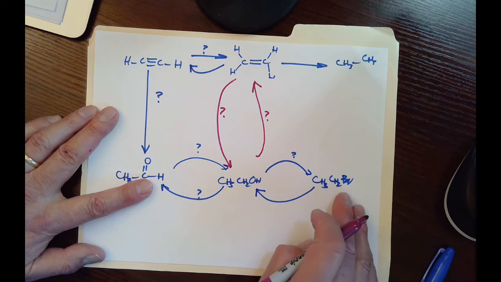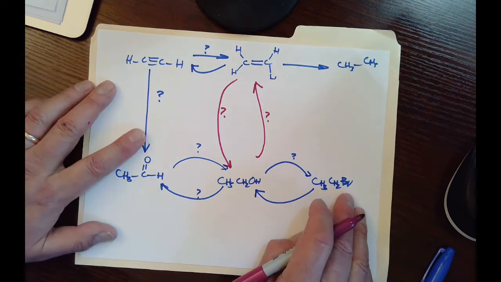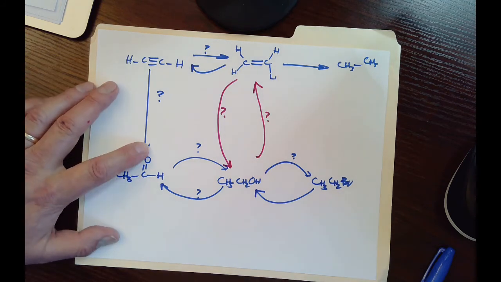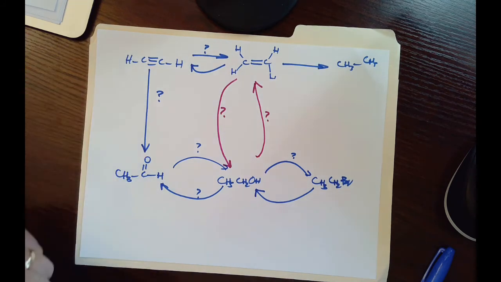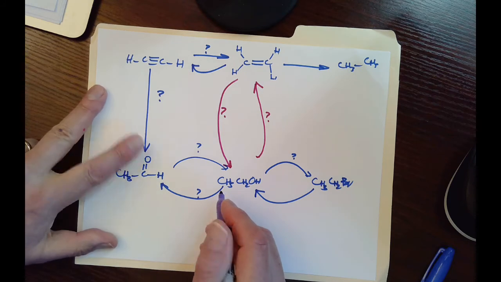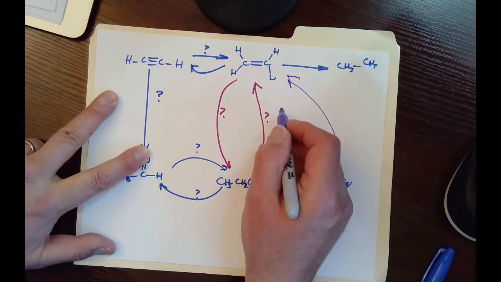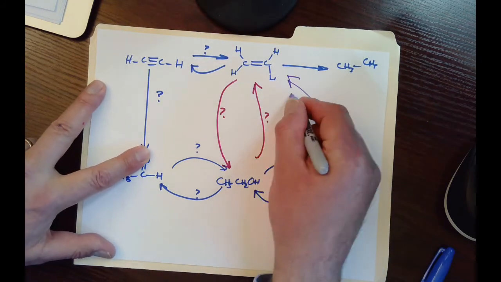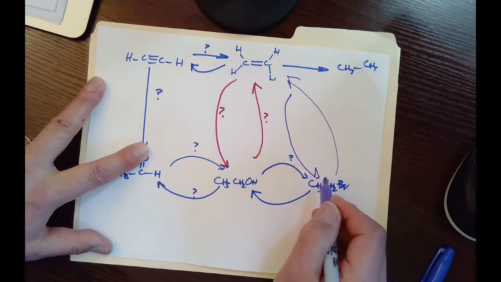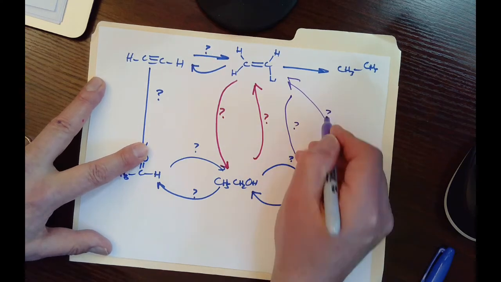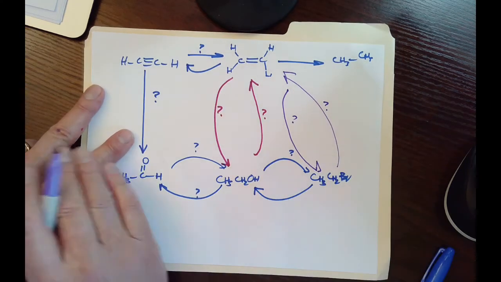Then from this alkyl halide here, how would I go from alkyl halides to ethylene? This is ethyl bromide. And then from the ethylene back to ethyl bromide. Many, many arrows. And my paper keeps crooked.